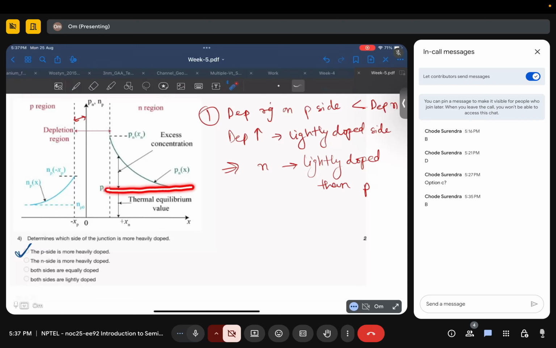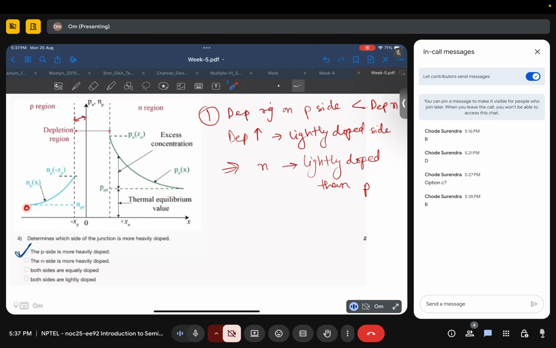You see this, this is the thermal equilibrium value of Pn0. This is greater than Np0. Right? Pn0 means the minority carriers in N region in thermal equilibrium. So in equilibrium, if minority carriers are more, that means majority carriers will be less.